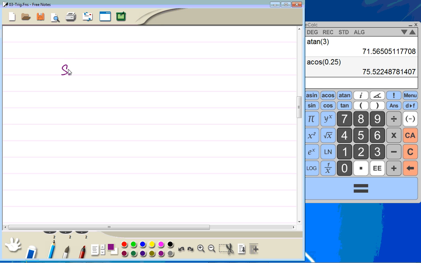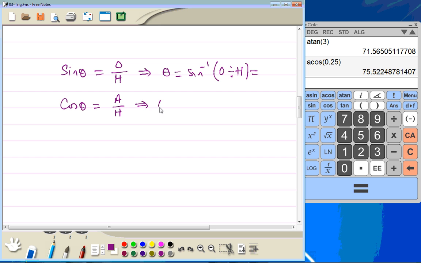So if we have sine theta, the ratio is opposite divided by hypotenuse. Then to find theta, all we do is sine inverse, and inside the bracket you can do O divided by H, close bracket, and press equal. For cosine, if we have adjacent divided by hypotenuse, then for theta you put cosine inverse A divided by H, then press equal.